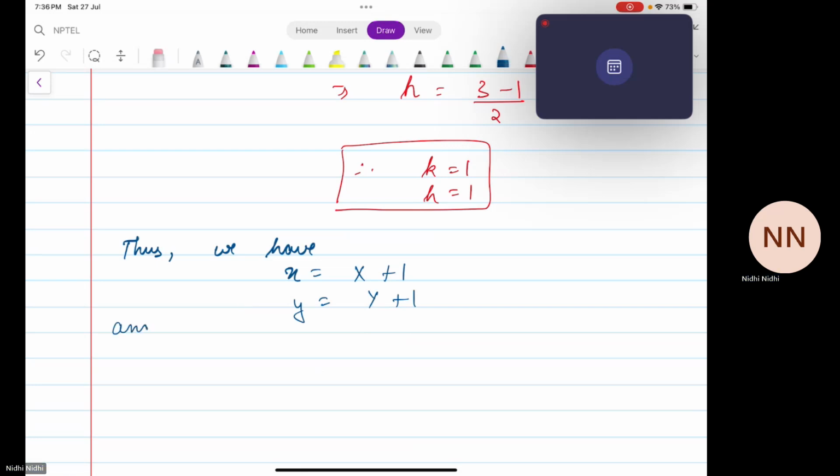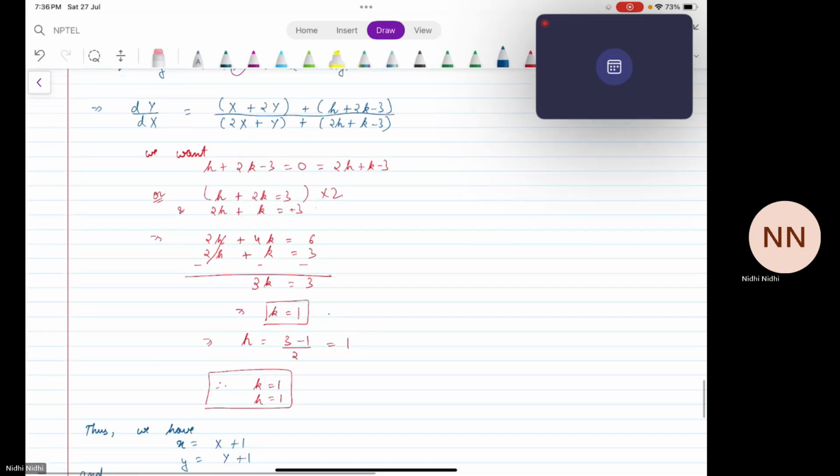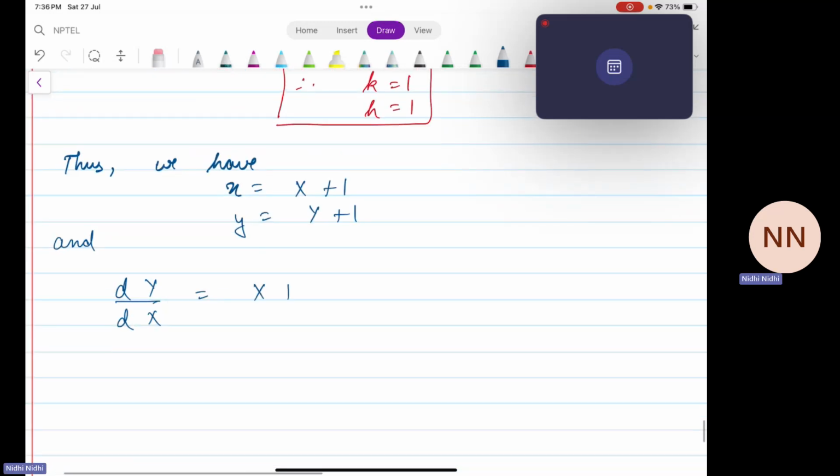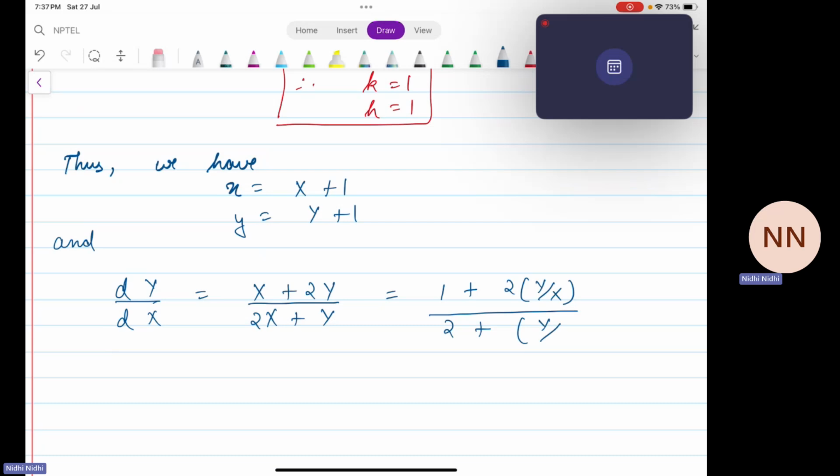And dy by dx is equal to (x plus 2y) upon (2x plus y). Now dividing the numerator and denominator by capital X, we get (1 plus 2 times y by x) upon (2 plus y by x).